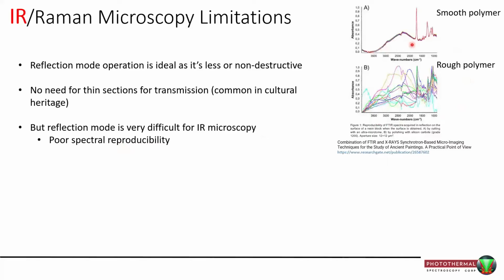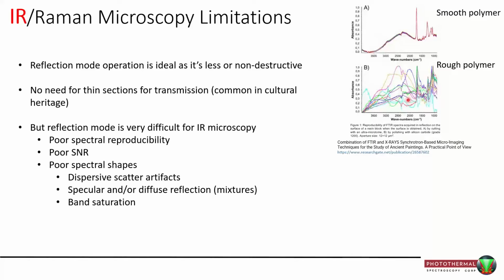I actually found a very good example of this from this particular paper. The top there is a smooth polymer surface that looks like PET. But if you roughen that surface up with a bit of sandpaper, the spectra from various points on the same material, so chemistry is the same, but the spectra now are all over the place. So your reproducibility is absolutely shot, and that's because of surface roughness.